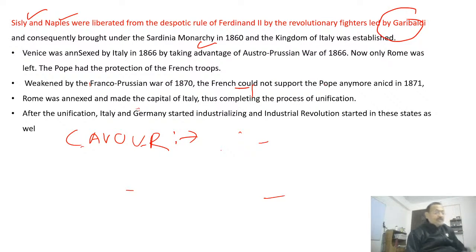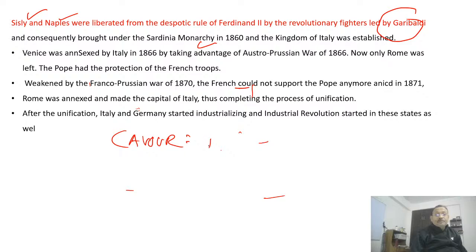And another important condition, to note down as the heading: the effectiveness of Cavour diplomacy. What is that effectiveness of Cavour diplomacy?